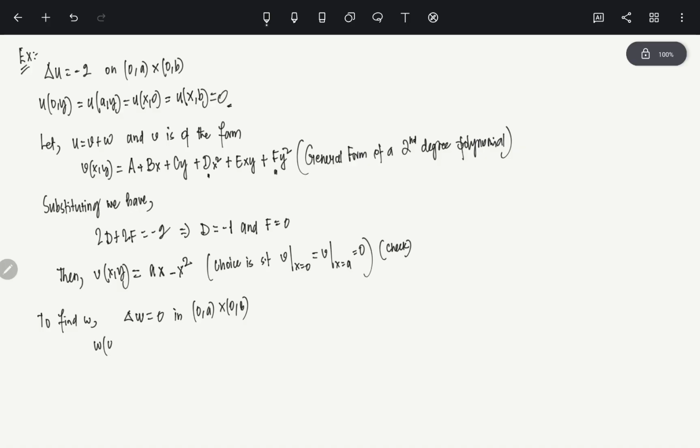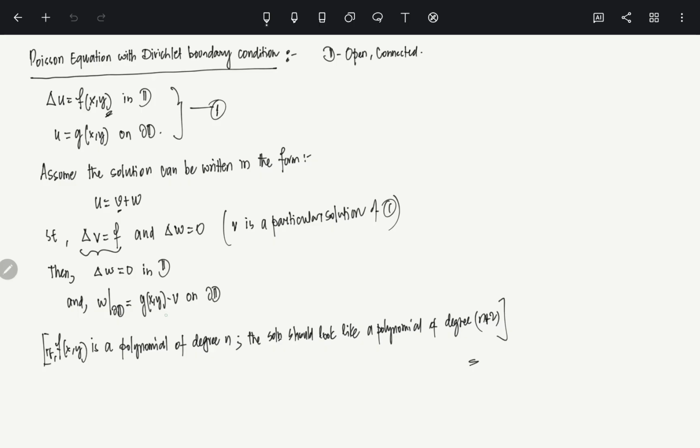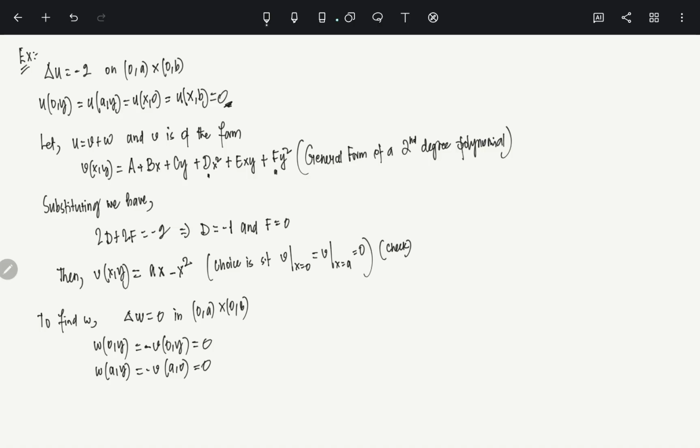W at the point (0,y) equals minus v at the point (0,y), which is equal to 0, and w at the point (a,y) equals minus v at the point (a,y), which is equal to 0. You remember, it becomes g minus v, and g is 0 in our case, so it is only minus v.